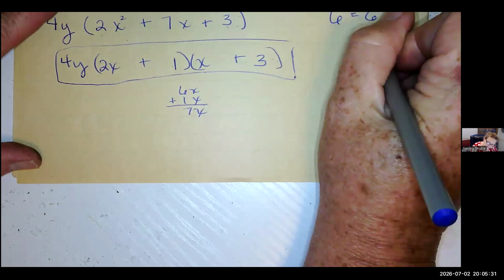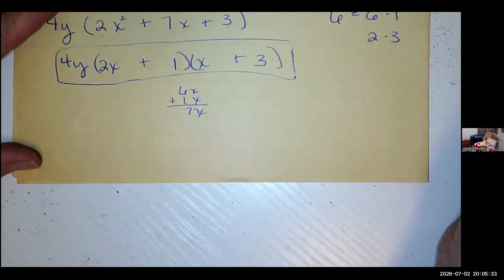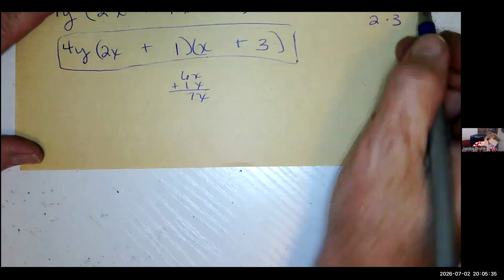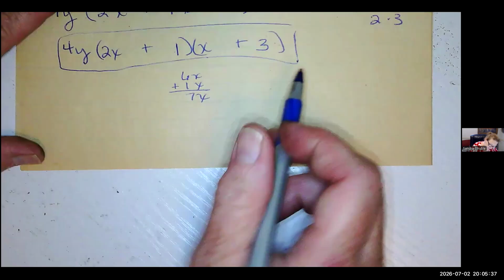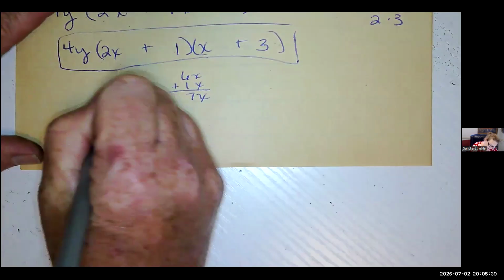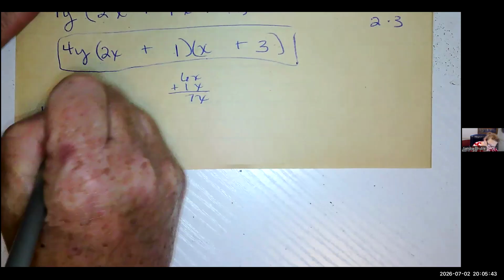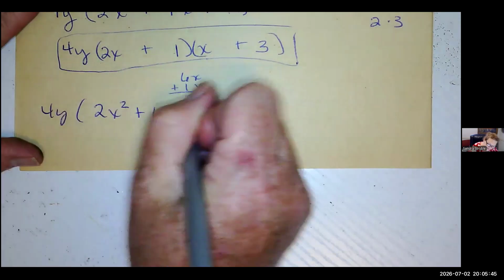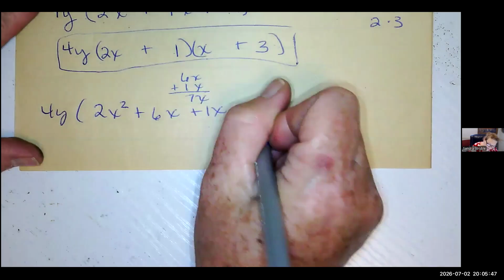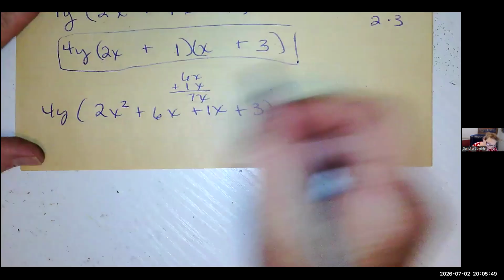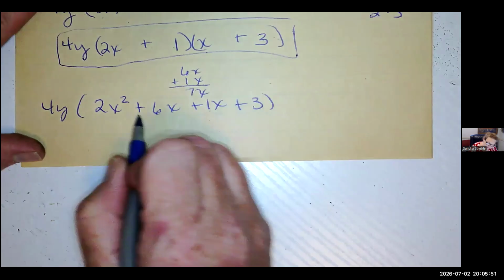All right. 6 and 1 is what we need to get our 2x squared plus 6x plus 1x plus 3. So I use the 6 and the 1 to fill in for my 7x. I could have gone 1x plus 6x, and it doesn't matter either way.